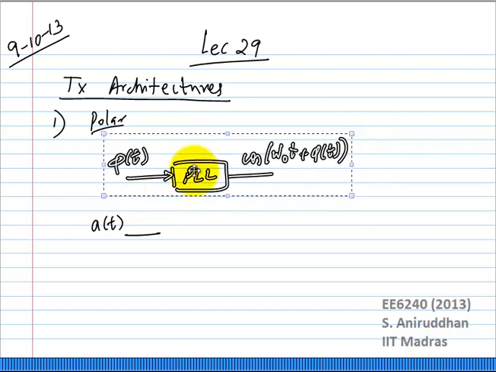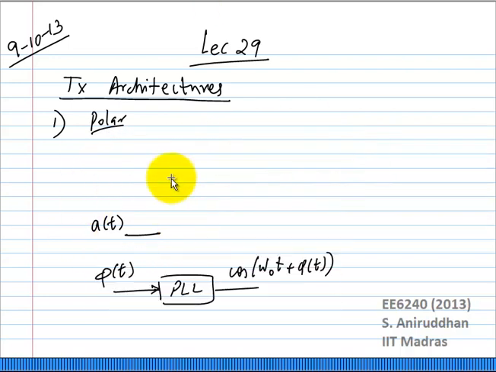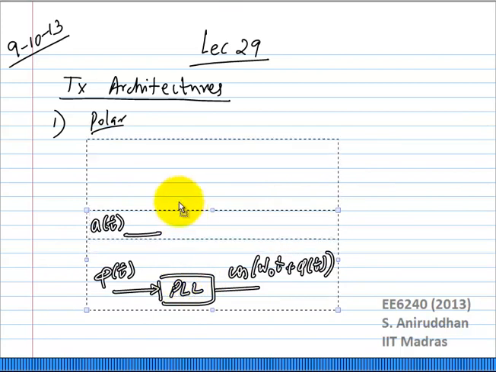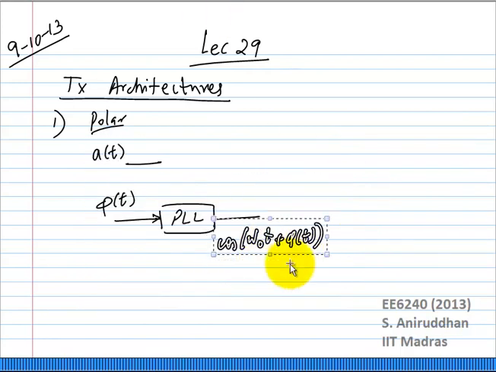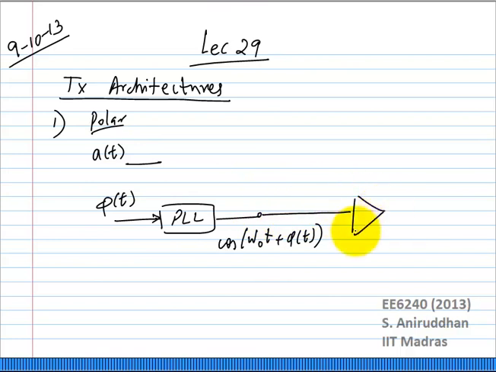Let me take this down because it's easier to operate with it this way. If you had information only in the phase of the signal, what would you do? You would just take this output, correct?